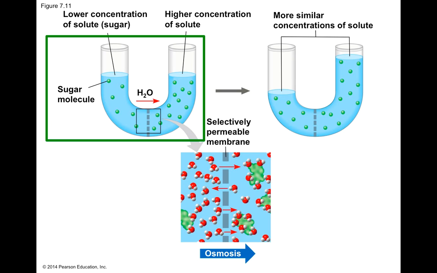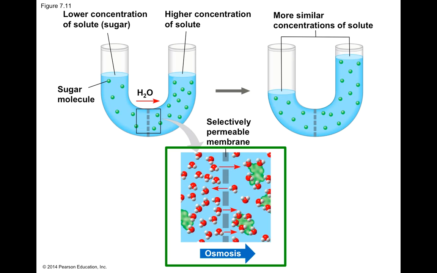Looking at the U tube, you can see that the solution on the right is more concentrated, it has more green dots, than the solution on the left. But the one thing that these pictures usually never show you is the water molecules themselves. You just have to be able to visualize them. If we look at a close-up of what's happening around the membrane, the water molecules are now represented.